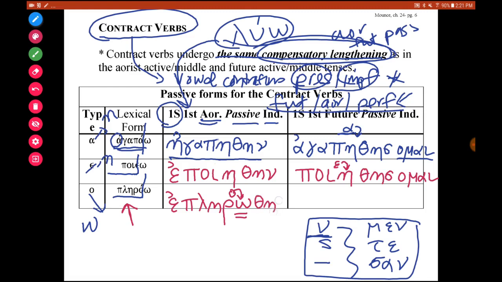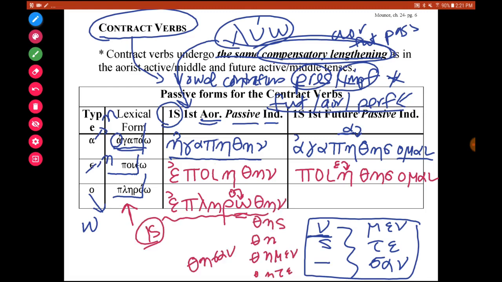And then I add then. So eplerothen. So eplerothen is I was completed. If I want to say I will be completed, no augment, the verbal root, compensatory lengthening, my tense formatives, the connecting vowel, and mai, and plerothesomai is I will be completed.